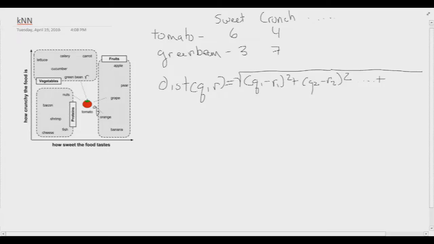So say this went on and there was n-dimensional features, qn minus rn squared.